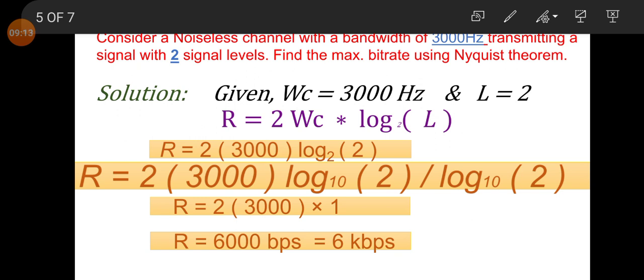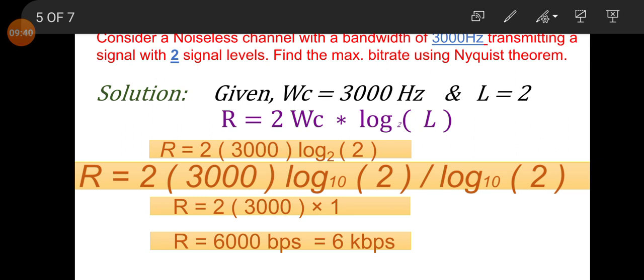So that is why, in the next step, R equal to 2 into 3000 into log of 2, but the base is changed here, that is 10. So it means we are converting base 2 to base 10, and to do that we have to divide this log 2 value by log 2. Clear? So with the base 10 itself.